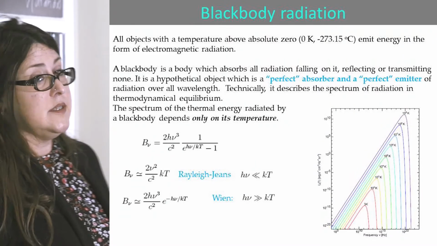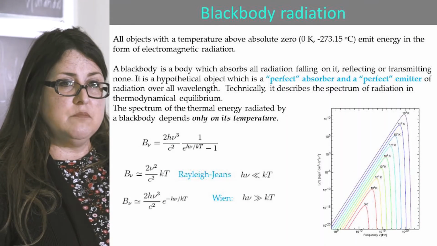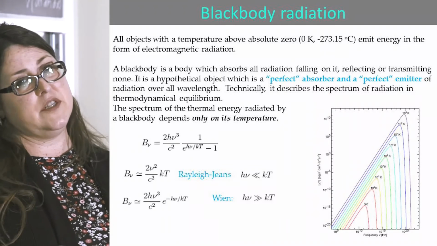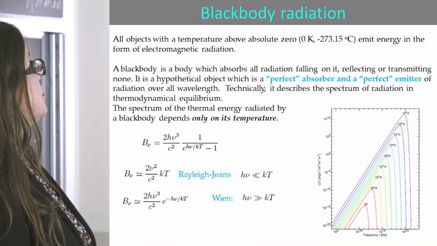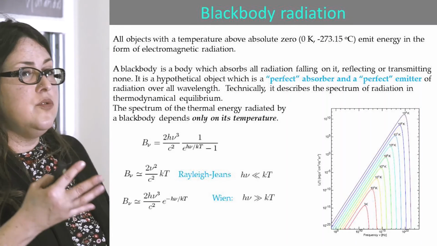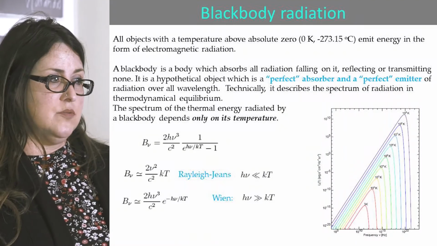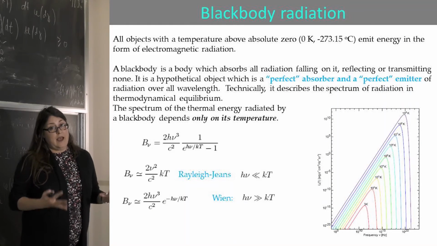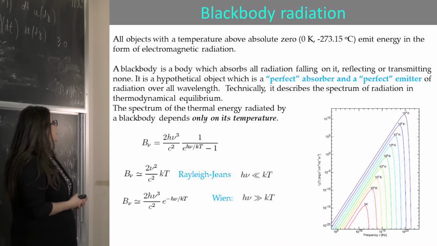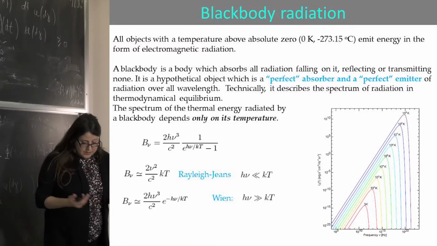As I mentioned at the beginning, one of the most important emission processes of radiation lies in black body radiation. You should consider that any object which has a temperature above absolute zero emits energy in the form of electromagnetic radiation. What is a black body?